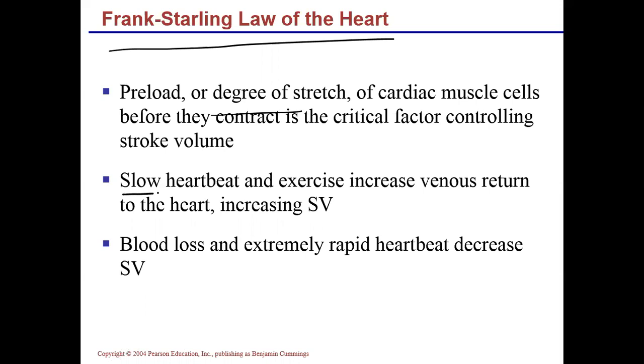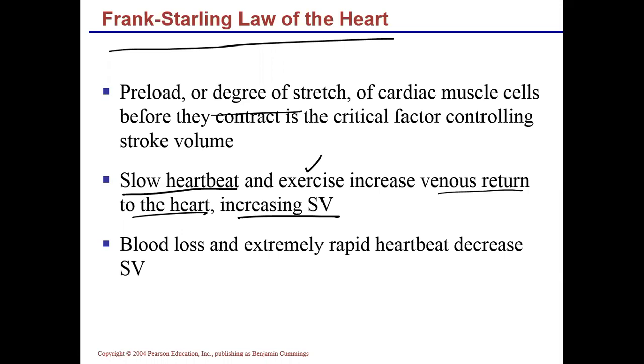A slow heartbeat, when the heart is very slow to beat, and exercise, as we already discussed, increases venous return to the heart. Why does a slow heartbeat cause increased stroke volume? Versus earlier, I told you that in sympathetic activity, it was not like that. Sympathetic activity, heartbeat is fast, stroke volume is high too.